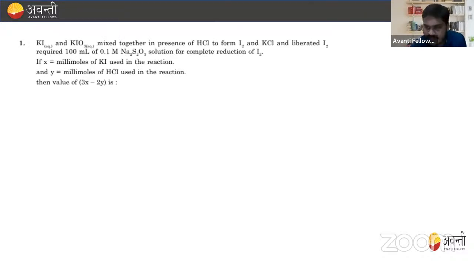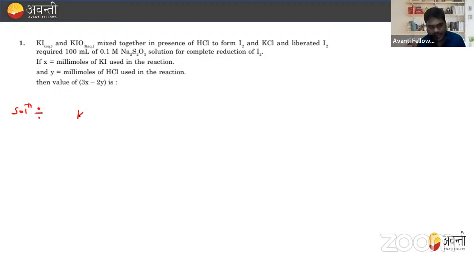Now the first one, this one is very important. KI aqueous and KIO3 aqueous mixed together in presence of HCl to form I2 and KCl, and the liberated I2 required. Right. So you have to identify the value of 3x minus 2y. So let me write the equation first.